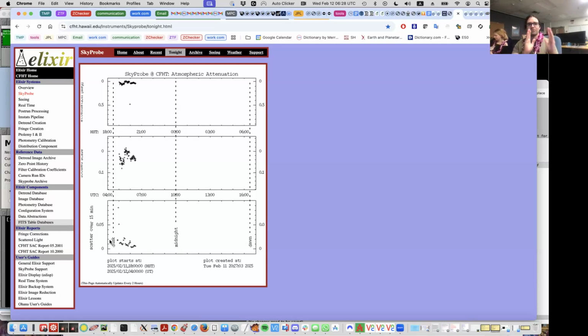But if you're doing separate standard star and science target observations, the attenuation between those two observations will affect your photometry. So what you need is, quote, photometric conditions, that is, conditions where the scatter is very, very small, on the order of 0.01 to 0.02 magnitudes. That's very good. This is considered pretty much photometric conditions right now.